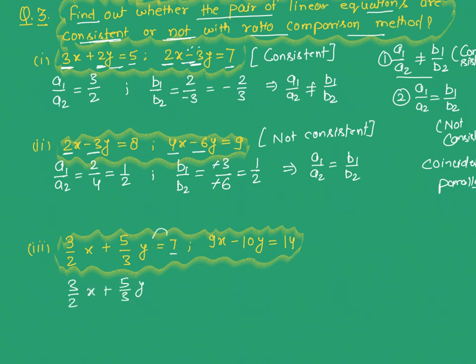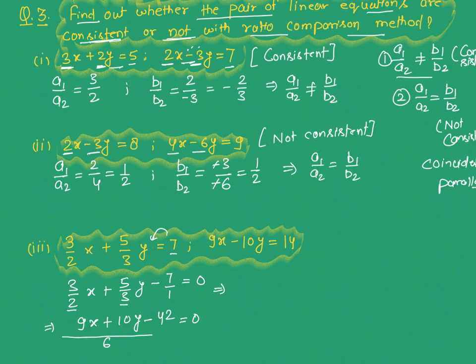And if you take 7 on the left side, then it will become minus 7 equals 0, right? And if you take the LCM, minus 7 can be written as 7 upon 1. So the LCM would be 6, 3 2 is 6. And if we solve it, 2 3 is 6, 3 3 is 9x plus 3 2 is 6, 5 2 is 10y minus 1 6 is 6. So 7 6 is 42 equals 0.